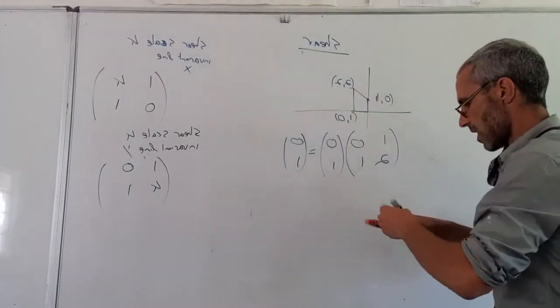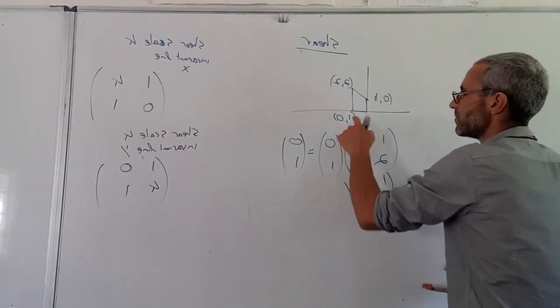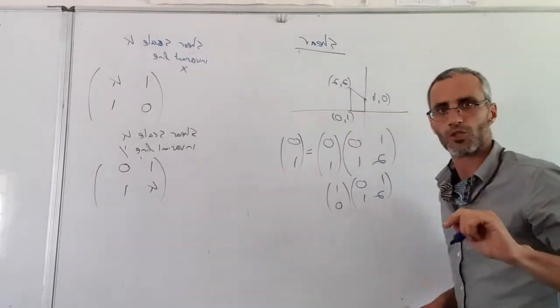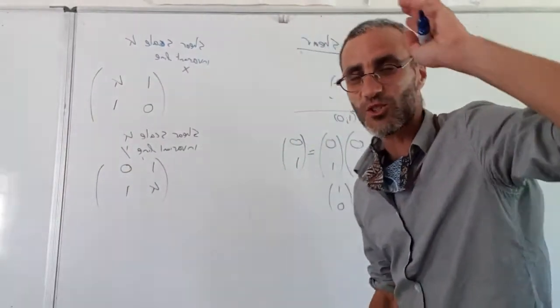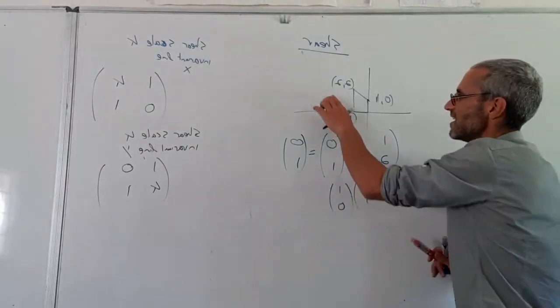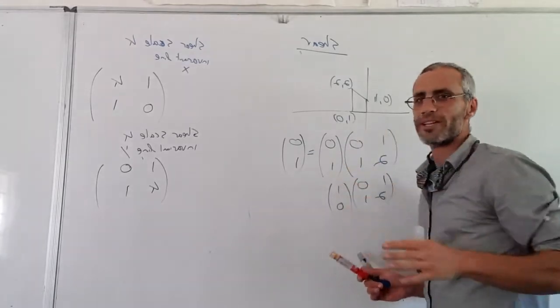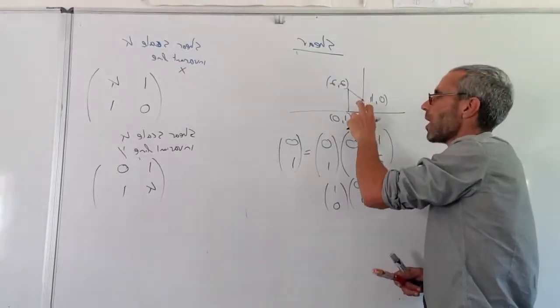Now let's do 2, 1 matrix times 1, 0. Just in case you're getting confused, those 1s and 0s, 0, 1s, I know it is our unit vector, but now we're just looking at what will happen to this shape.